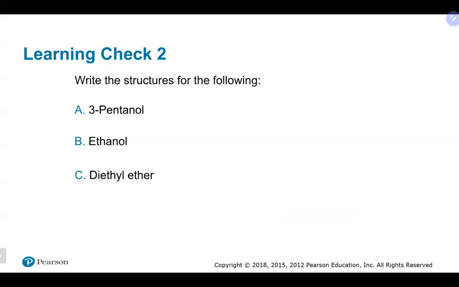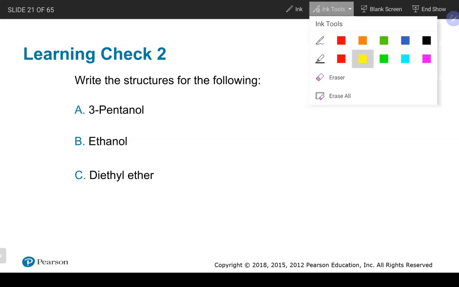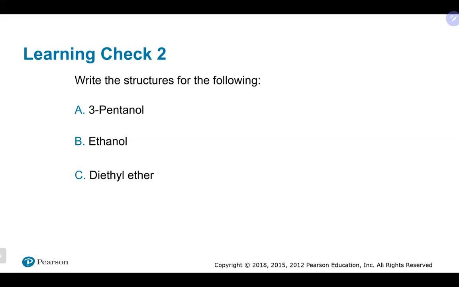All right, so why don't you draw these here? 3-pentanol, ethanol, diethyl ether. Let me add a few to the list here. Let's do ethyl pentyl ether.